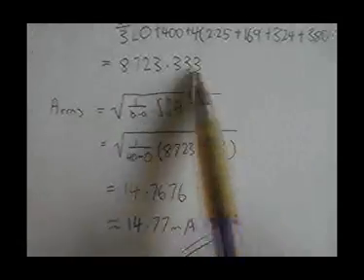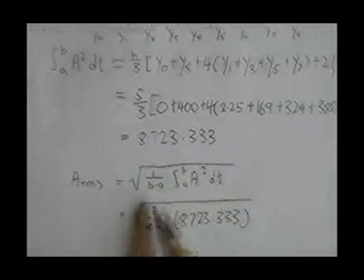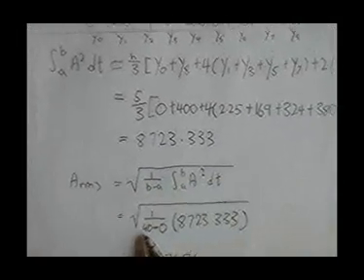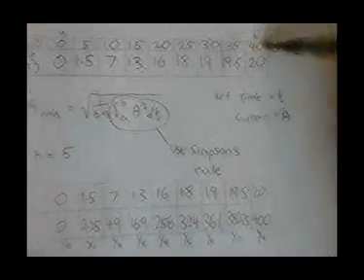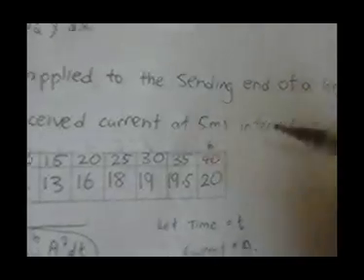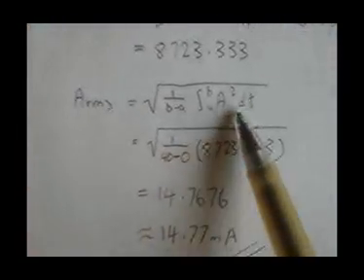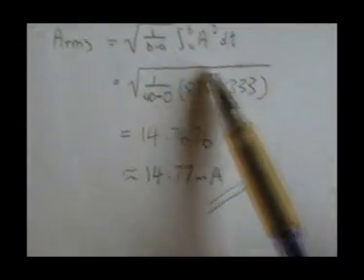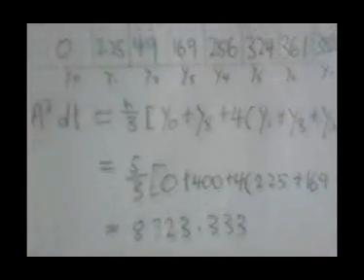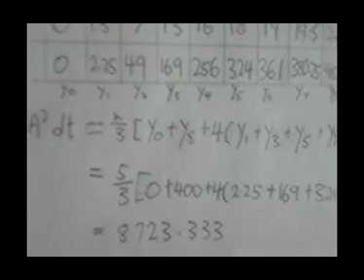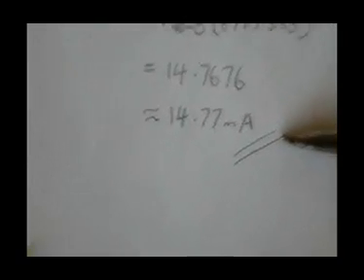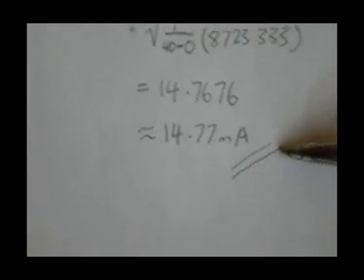And now we will be applying the whole formula, and by subbing in the value, B is equal to 40, which came from here, and A is equal to 0, which came from here, and we will be subbing this, which we found, 8723.333, and thus we will be getting this value, which is the current RMS.